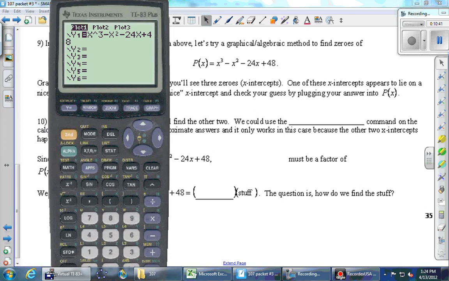And once you've typed that in, maybe zoom 6. I think the standard window will be okay for this one. So here's the graph on the standard window.